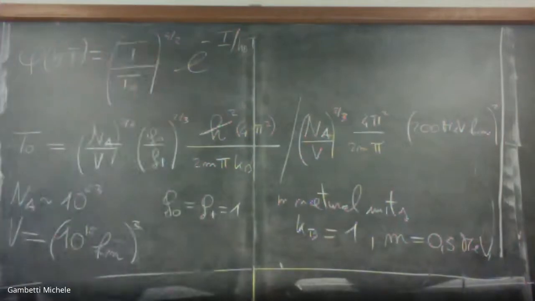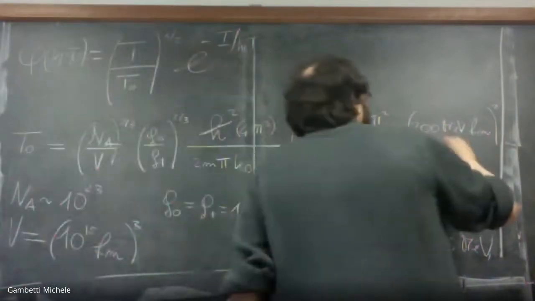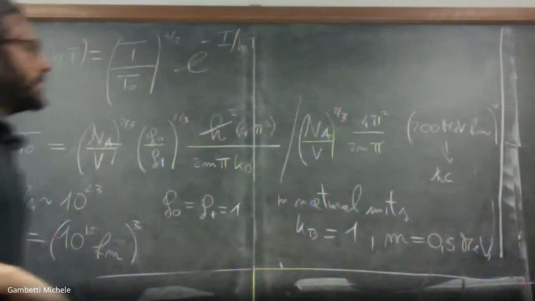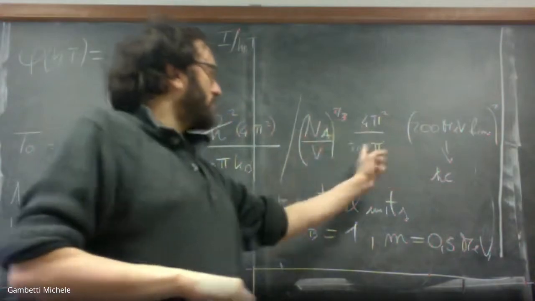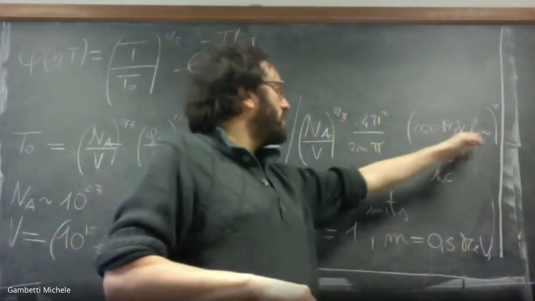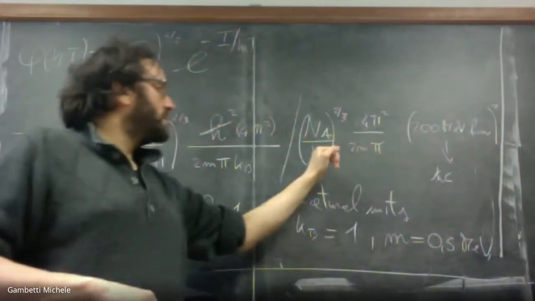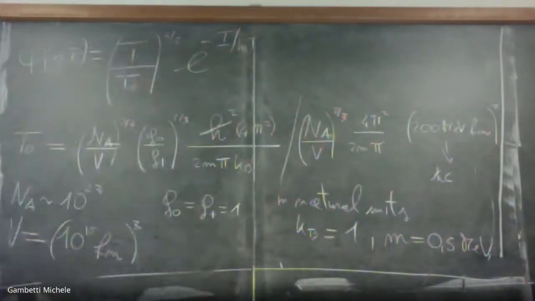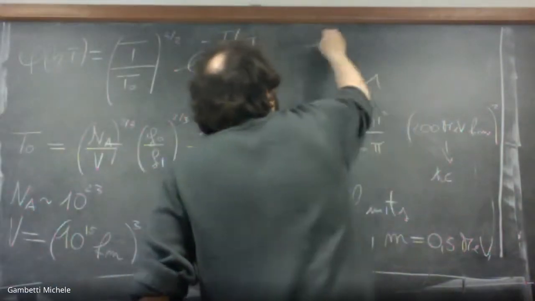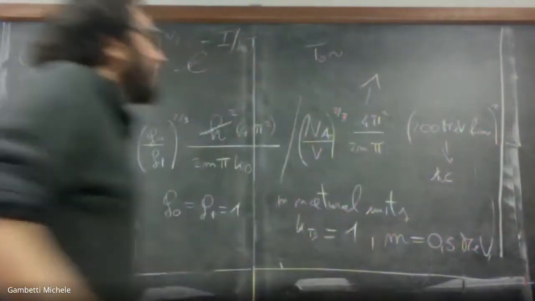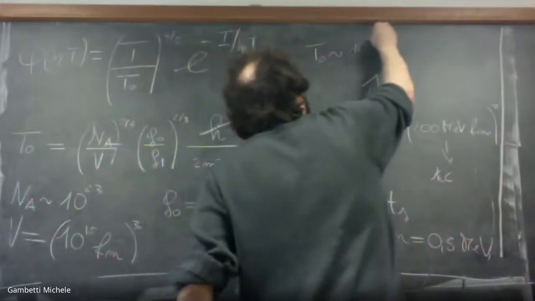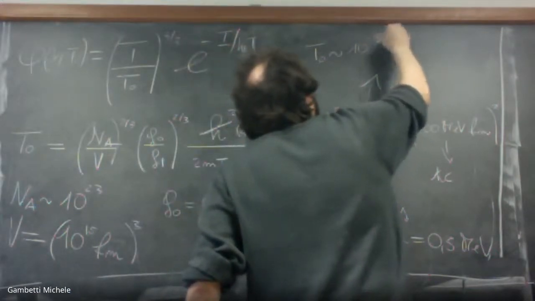Which is of course h bar c, and this way I get the proper dimension, because MeV here, then I have MeV squared, so I have MeV, and Fermi squared cancels with this Fermi squared. Okay, so now if you do the calculation, you get T0 as a scale in terms of energy of the order of 10 to the minus 9 MeV.